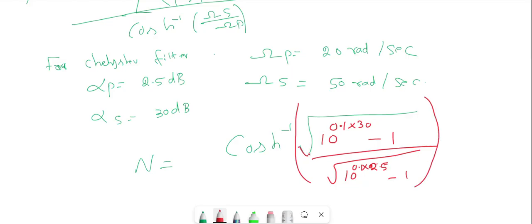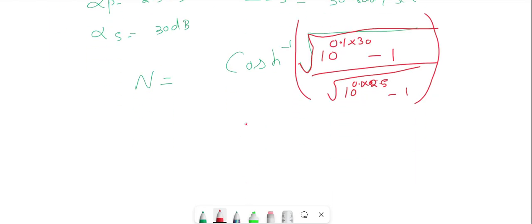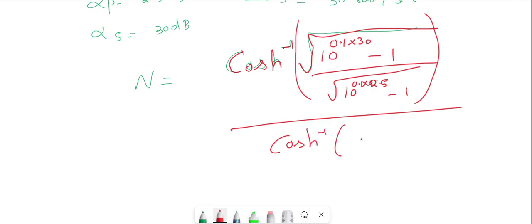So use this formula, cosh inverse divided by cosh inverse of omega s by omega p. So omega s is 50 and omega p is 20.